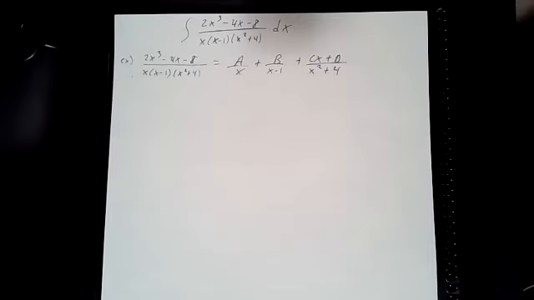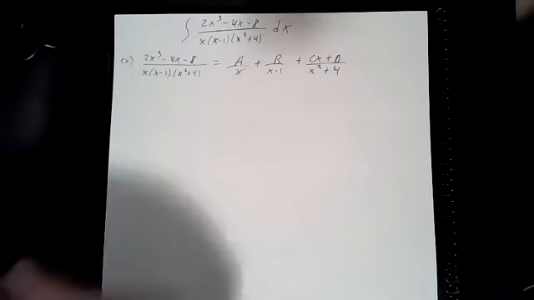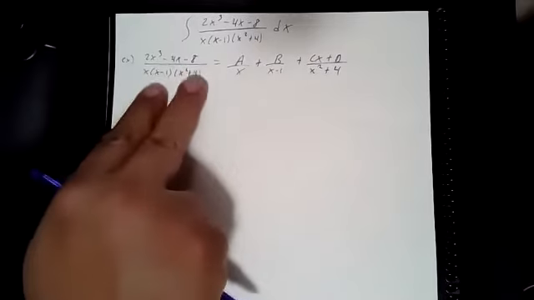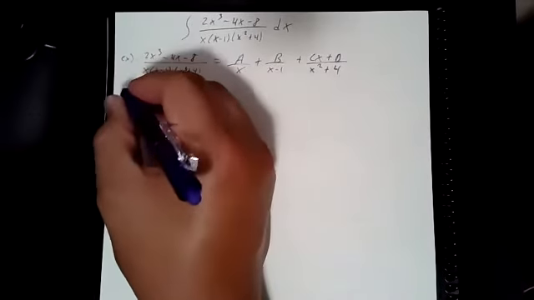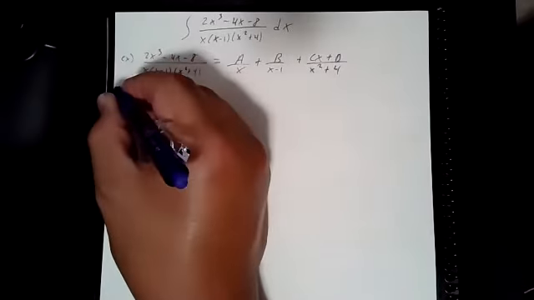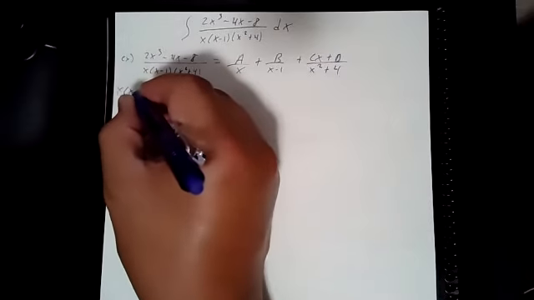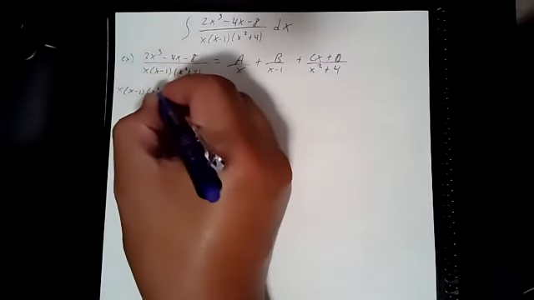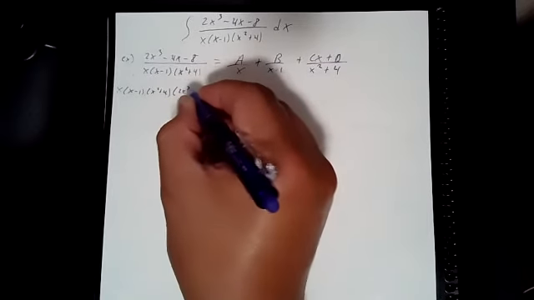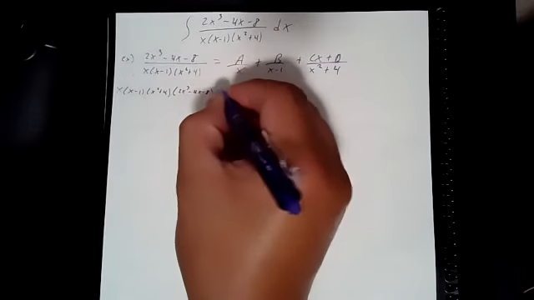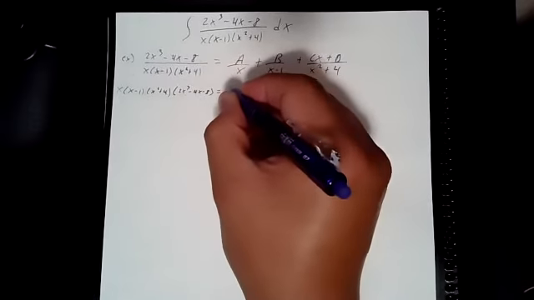So we're going to cancel the fractions and then start multiplying. So both sides are multiplied by this. The left-hand side always ends up with just the top part, but I'm going to try to show it. I don't know if I have enough space though. So this part, and then you do it again.